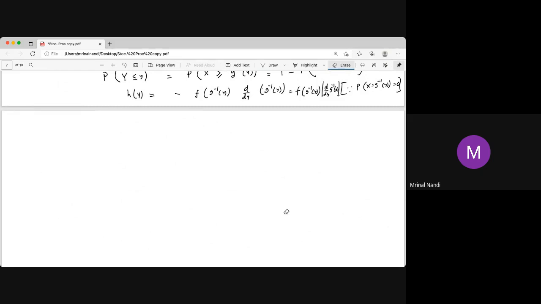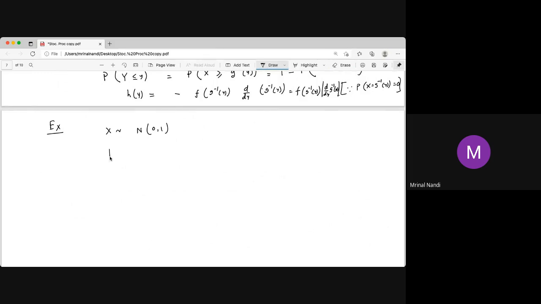So this is a very important thing. We first give an example of that. Take the standard normal distribution, say. Take X follows normal distribution (0, 1).